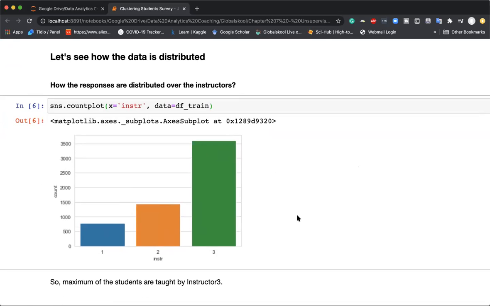Might be the course that the third instructor was teaching was interesting, or the instructor was very good at teaching. The count indicates the number of students that gave the responses. Then the number of count is the number of students that gave responses. So you're saying instructor 3 may be interesting, so many people are attending his course.